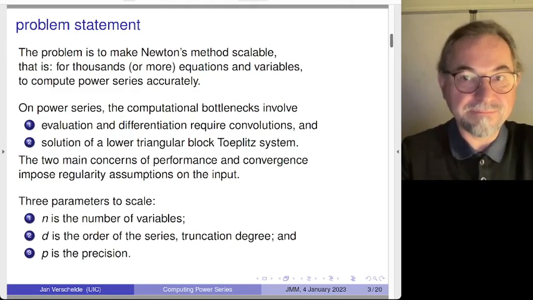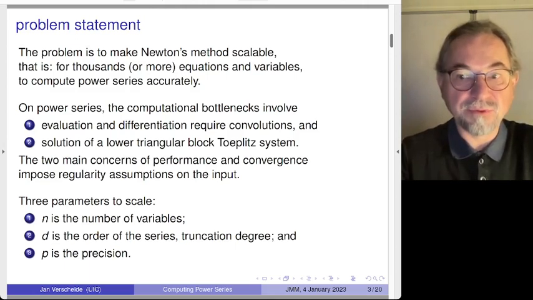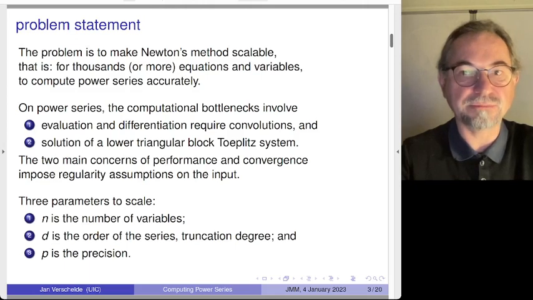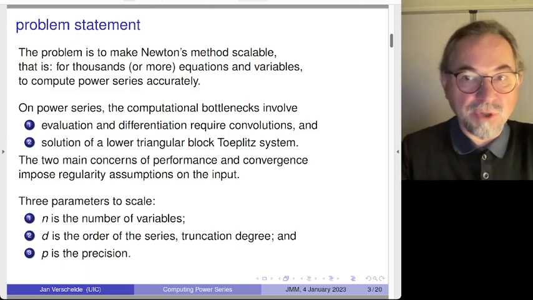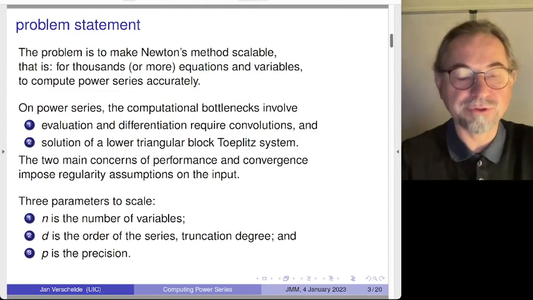So we are having two concerns, realizing performance and at the same time convergence. Both of these concerns will impose some regularity assumptions on the input. This is a multi-dimensional problem. We have the number of equations, number of variables as the leading dimension, but then there is the order of the series.